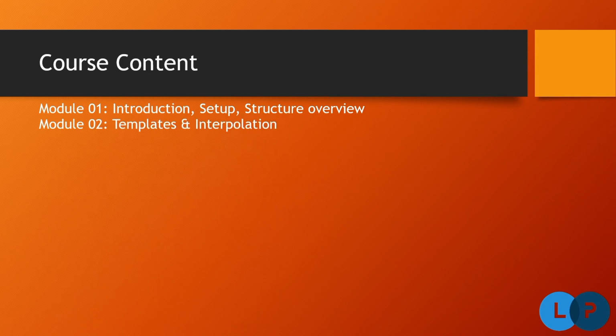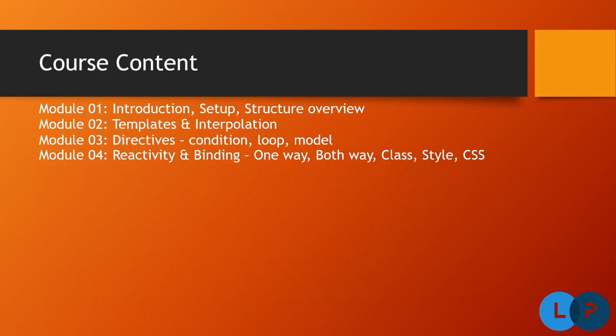Then we'll start templates and interpolations and the important topic of directives, like conditional directives, how to create a loop, how to use the model, and next reactivity and binding. There may be different types of binding, let's say one-way binding, two-way binding, class binding, style binding, also CSS.